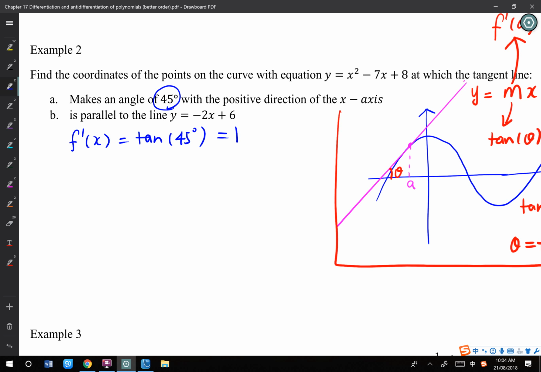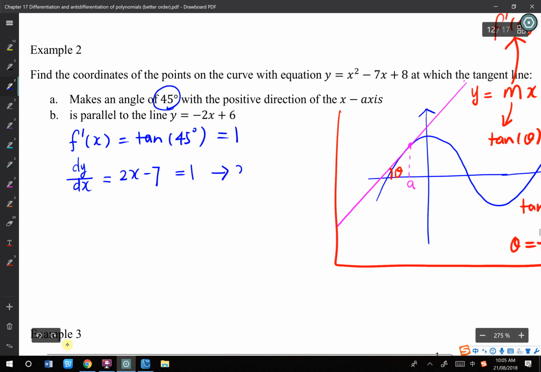So at a point, you draw a tangent, and this tangent makes an angle of 45 degrees, and that means the derivative equals 1. So dy/dx equals 2x minus 7, and that equals 1. So x equals 4.